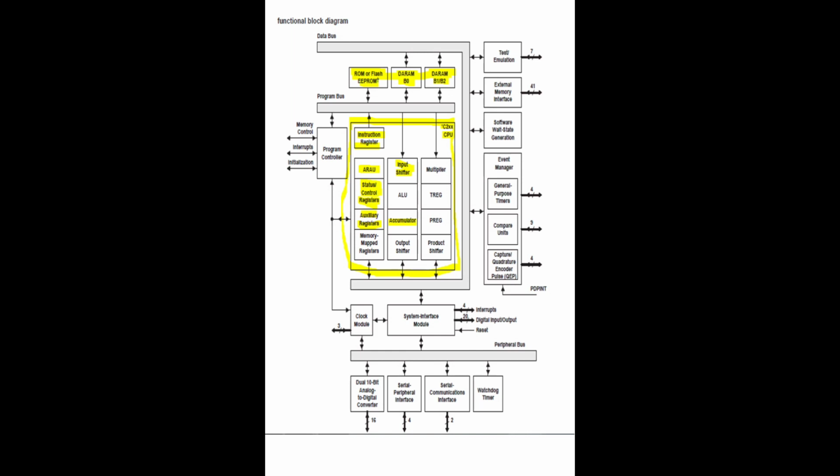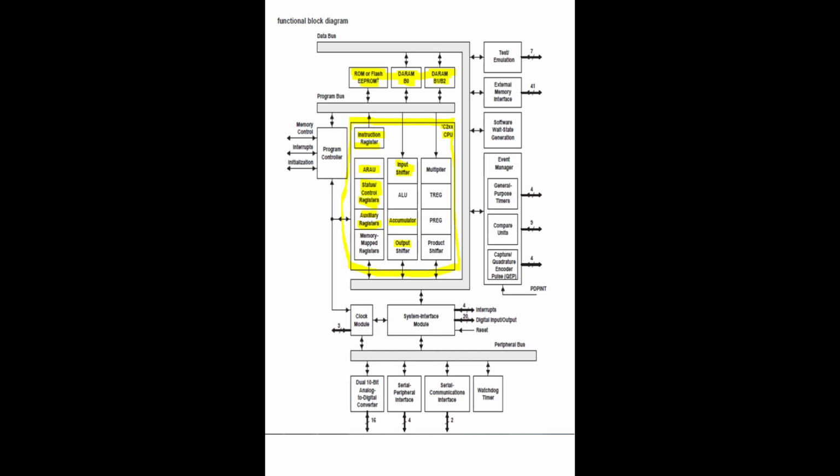It is split into a higher order accumulator and a lower order accumulator. Higher order means 16 to 31, and lower order means 0 to 15. So totally 32 bits, 0 to 31, split into higher order and lower order. So we are using a 32-bit accumulator with the DSP controller.